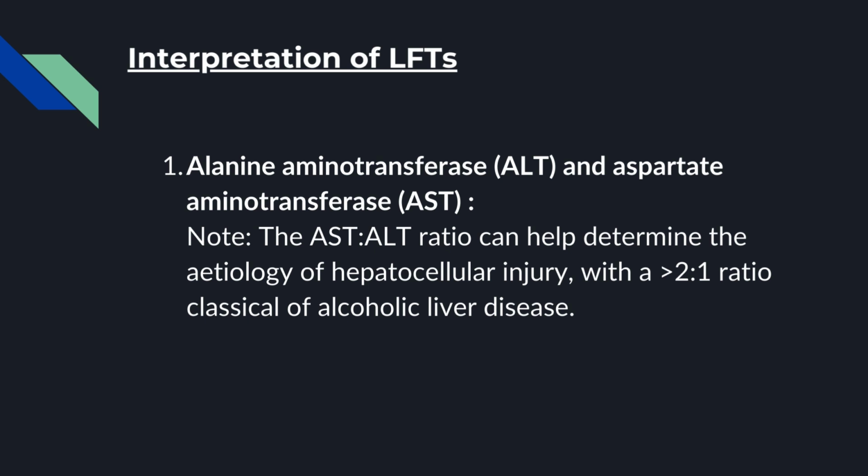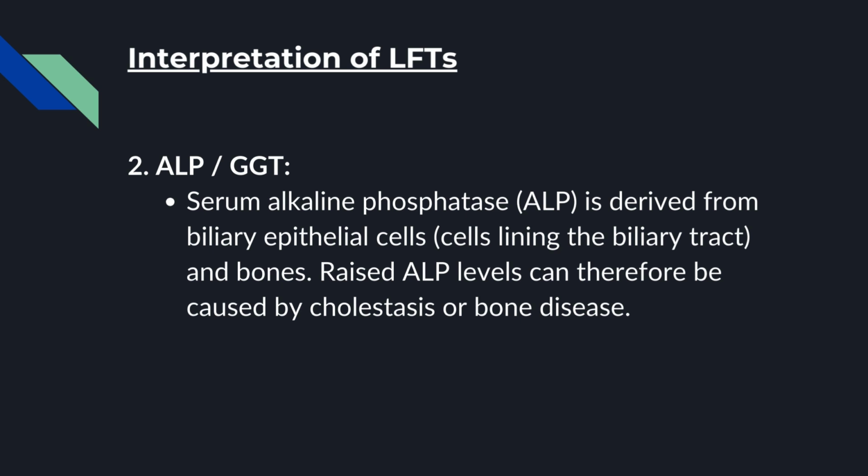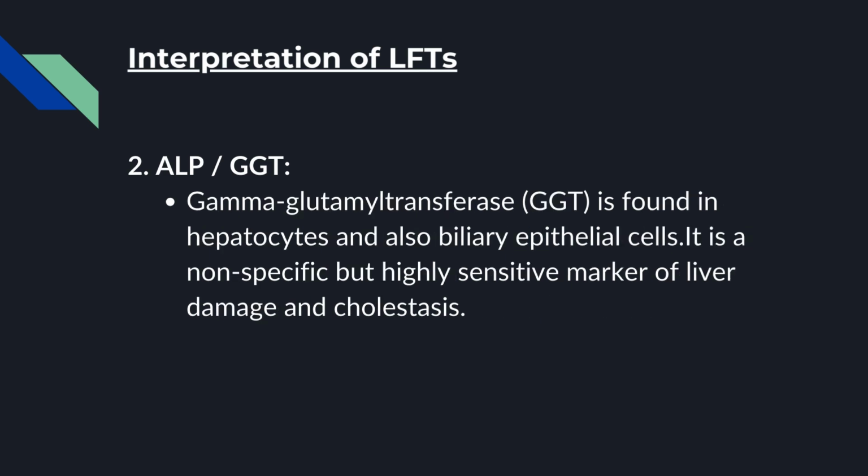alcoholic liver disease. ALP and GGT: serum alkaline phosphatase, ALP, is derived from biliary epithelial cells, cells lining the biliary tract, and bones. Raised ALP levels can therefore be caused by cholestasis or bone disease. Gamma-glutamyltransferase, GGT, is found in hepatocytes and also biliary epithelial cells. It is a non-specific but highly sensitive marker of liver damage in cholestasis.